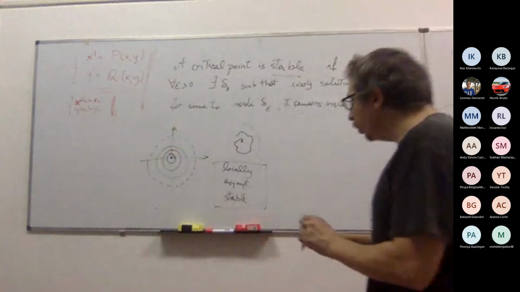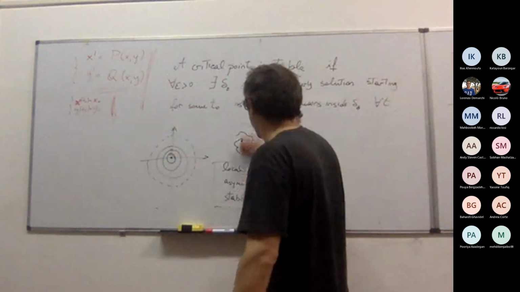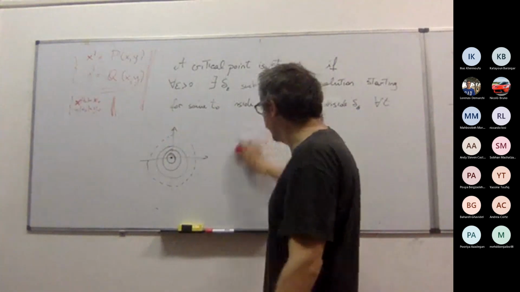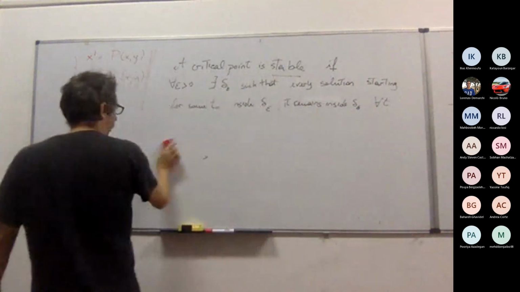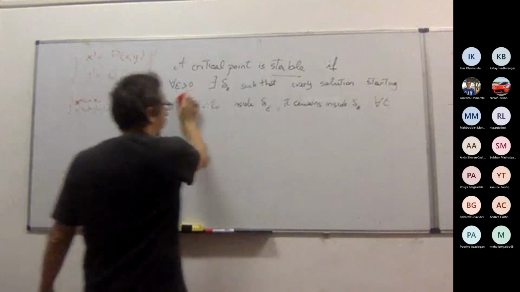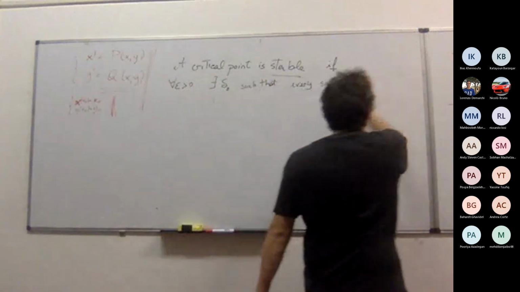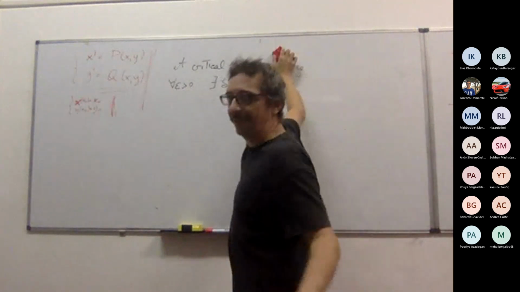So the first thing we have to do is to linearize, and understand how to linearize a system of ODEs, which is very similar to what we did last week.